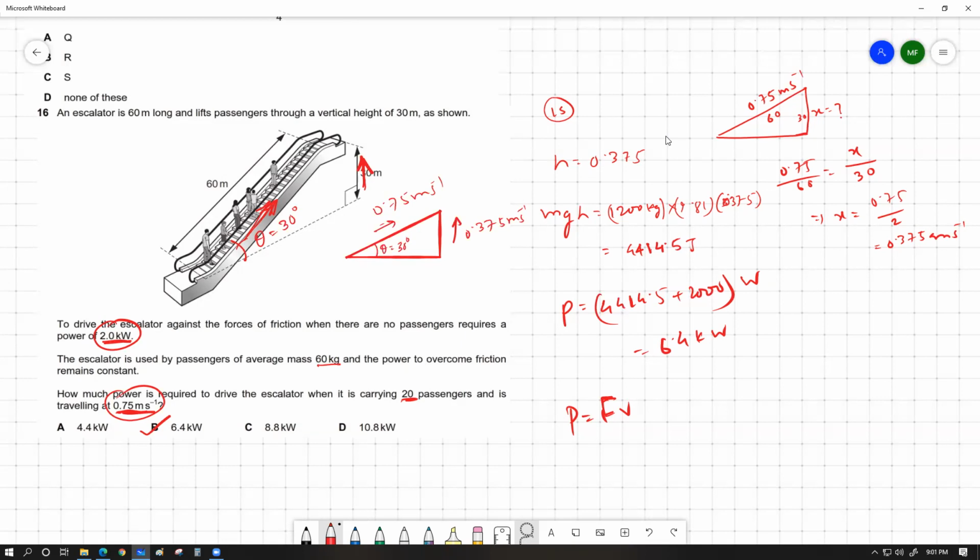So you have to continuously lift up the people vertically at 0.375. Now, if you want to find out the required power for that, that will be given by F_G times V. F_G is actually mg, into the V, which basically gives you 60 into 20 into 0.375. Pretty much the same thing.